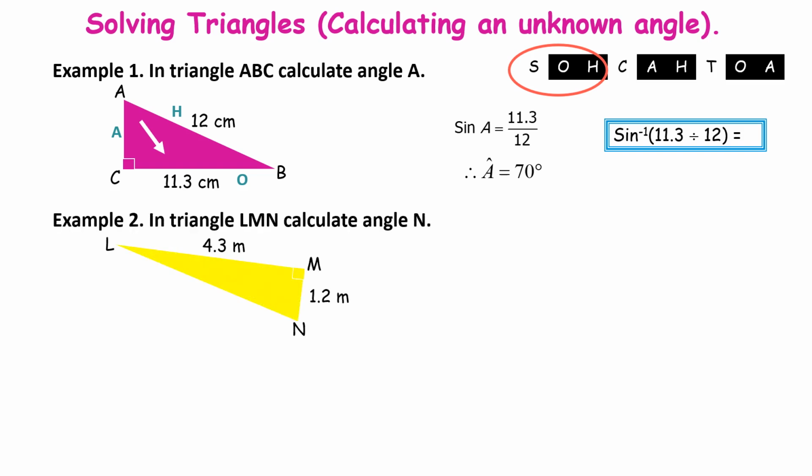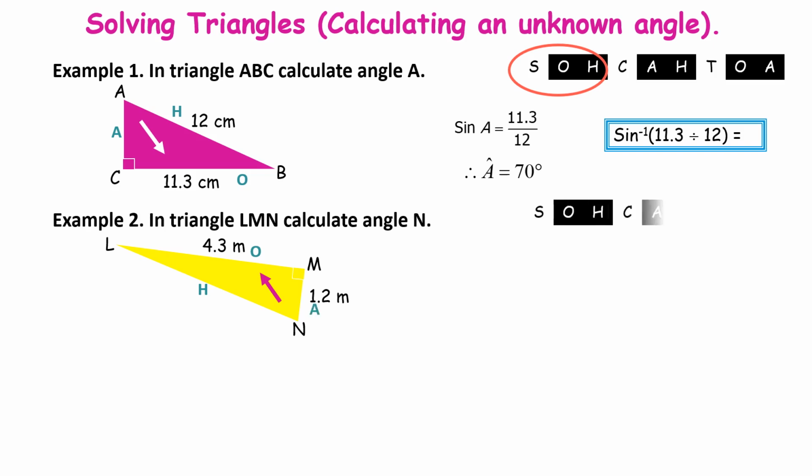In example 2, I've got triangle LMN, and I've got LM is 4,3 and MN is 1,2, and we need to calculate angle N. So the first thing we're going to do is give the sides of our triangles the correct names. So the side opposite my right angle will be the hypotenuse. Then I want to calculate angle N, so 4,3 will be opposite that, which means 1,2 is adjacent.